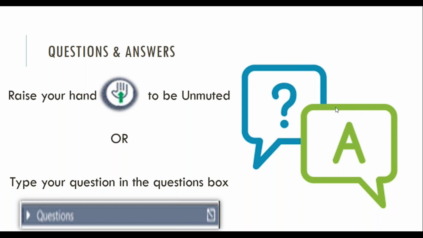If you don't want a question answered, just remember to click the hand raised button back down to where it's green. I have a Rosa Perez. Rosa, I'm going to unmute you now if you'd like to speak. Rosa, you are unmuted. Okay, it seemed like Rosa had a question, so we will unmute Rosa. Let's see if there are any more. We have a Rita who has her hand raised.